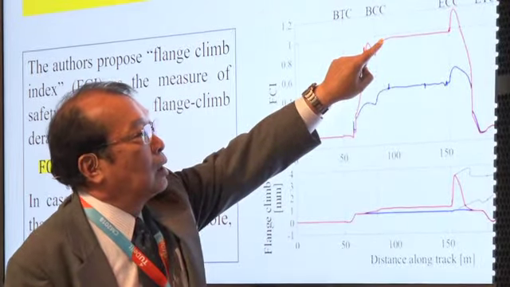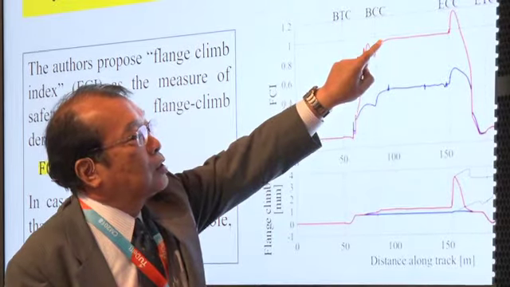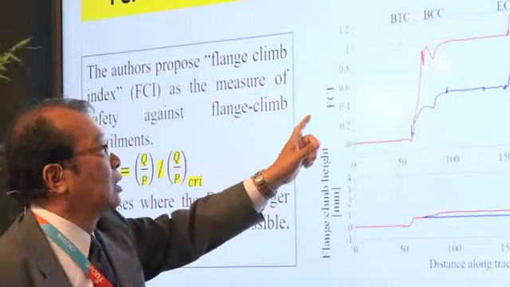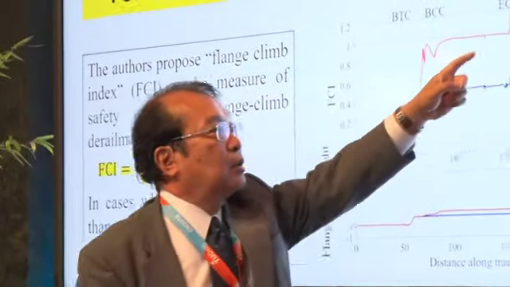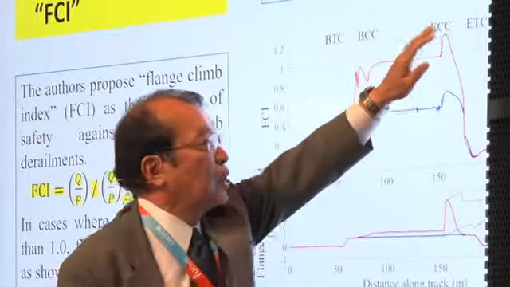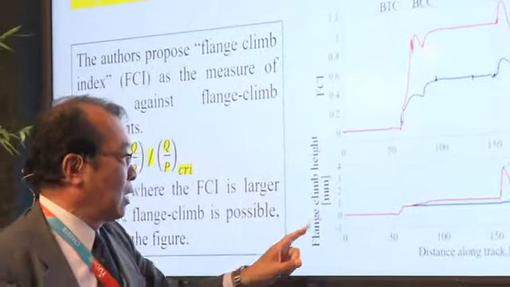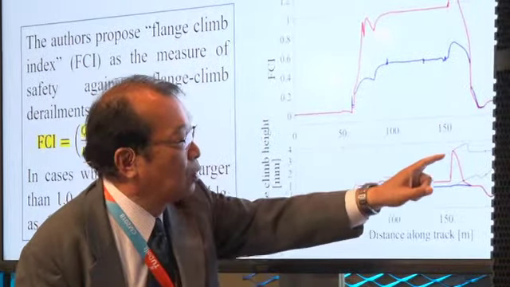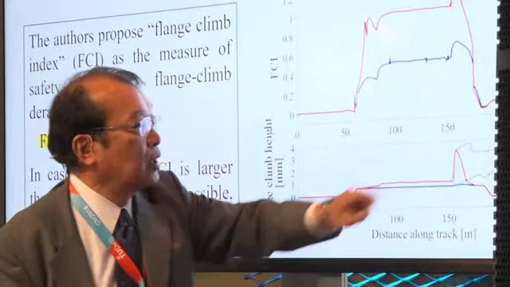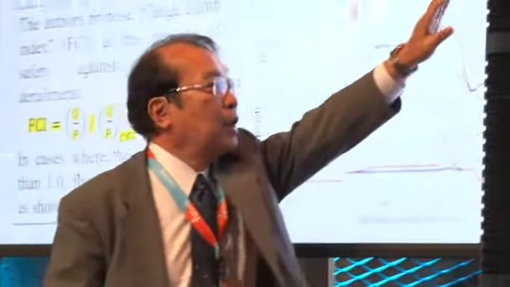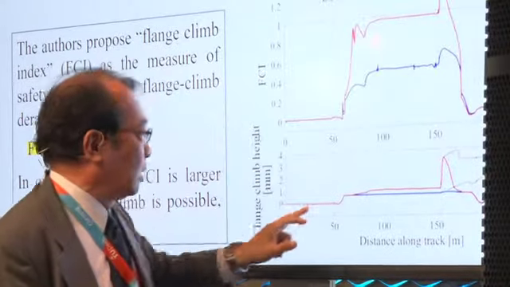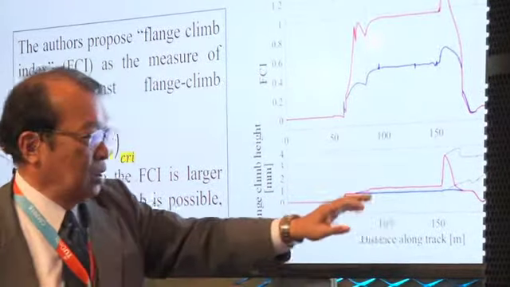In the case where mu is 0.65, the FCI value exceeds 1.0, and in this case flange climb actually occurred. But in the lower friction case, FCI is less than 1, and flange climb did not occur.